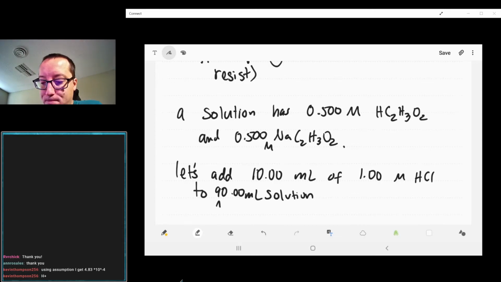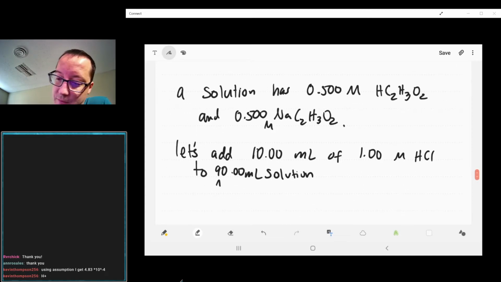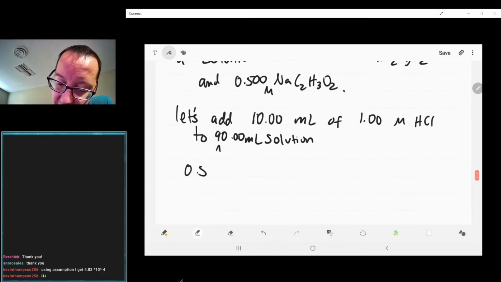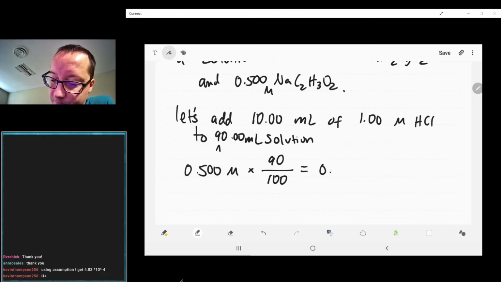So this time we're not having equal volumes. If we have this 0.5 molar, and we're going to be multiplying it by 90 over 100, that means we're going to have 0.45.